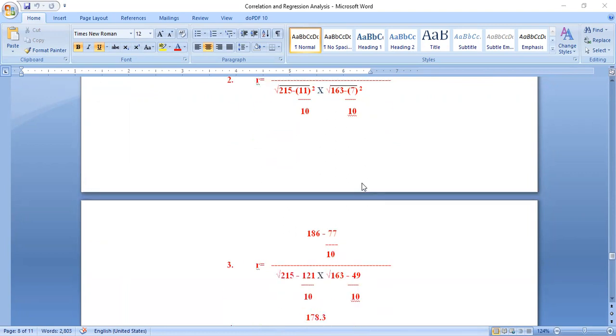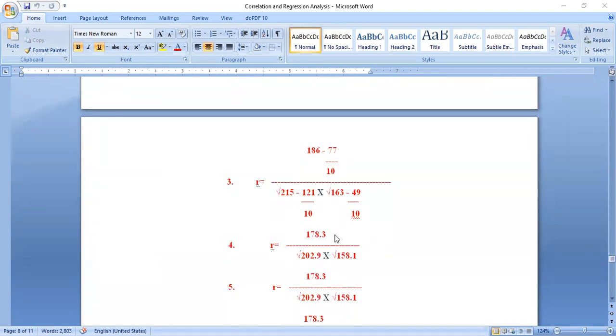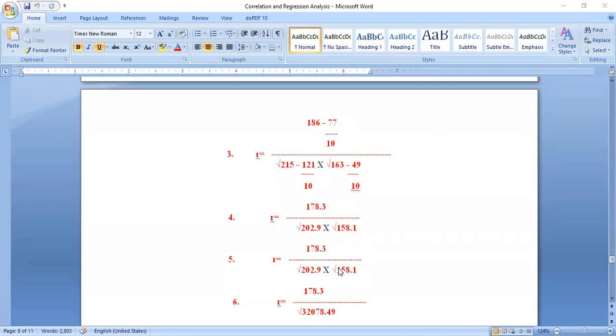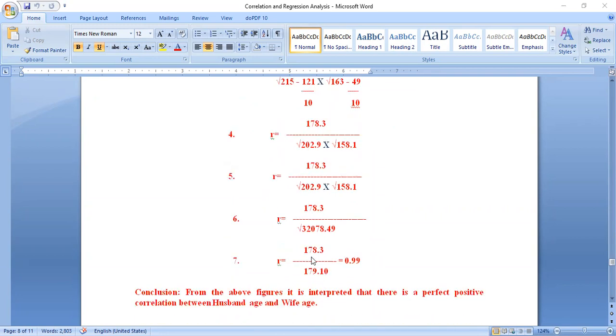Then I am substituting the values, the first one being the numerator value 178.3 you got, and then the denominator values; observe carefully here. See here, r is equal to 178.3 divided by 179.10, which is equal to 0.99.